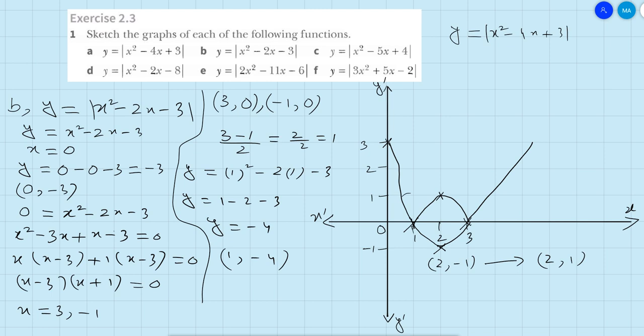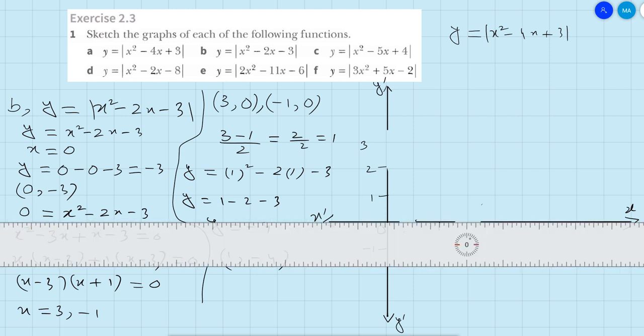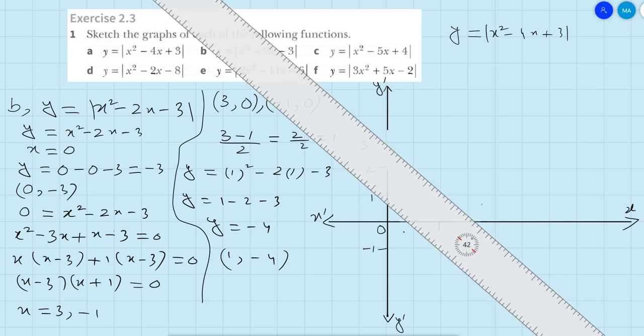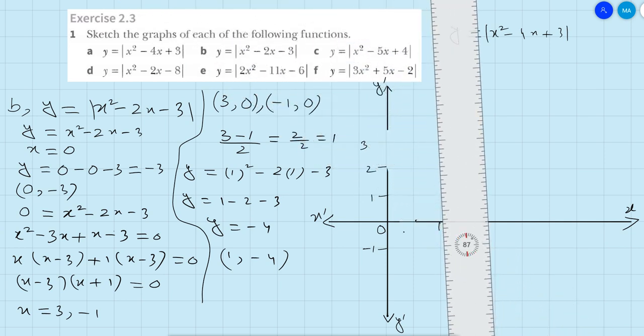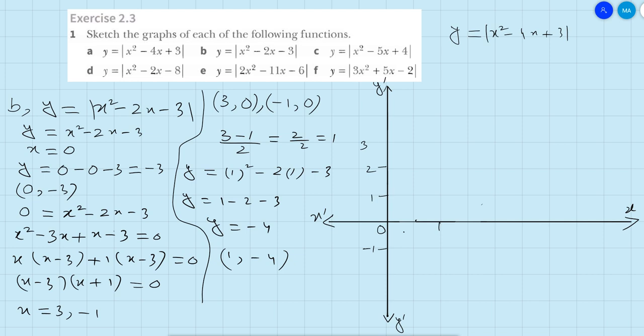Okay, so I am drawing this curve. The maximum value of x is 3.